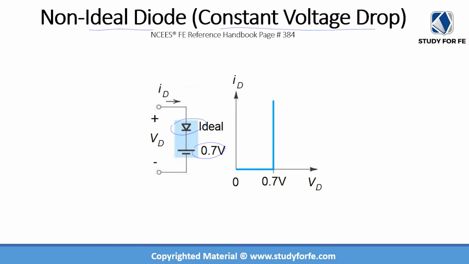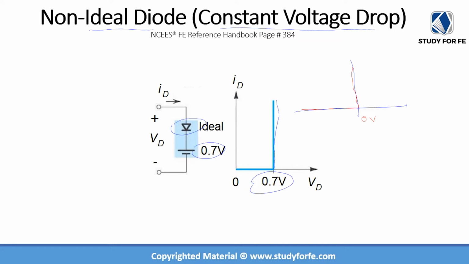So rather than having a curve where as soon as you hit 0 volts you can start conducting an infinite amount of current, we look at the graph like this. You have to reach 0.7 volts, and after that you can start conducting an infinite amount of current.